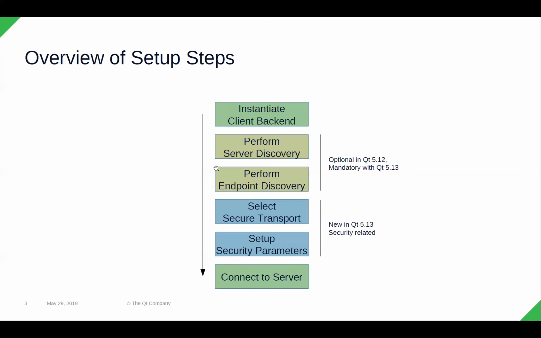This was optional in 5.12 and is now mandatory with 5.13. The new security steps are also mandatory if you want to use security, and they are new in 5.13. This is to select the secure transport and to set up the security parameters, of course. And the last step is the same as before: you connect to the server.